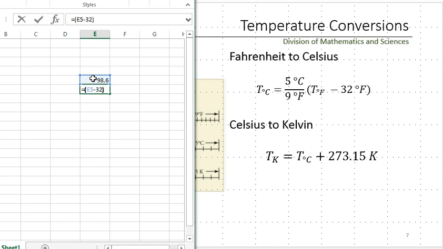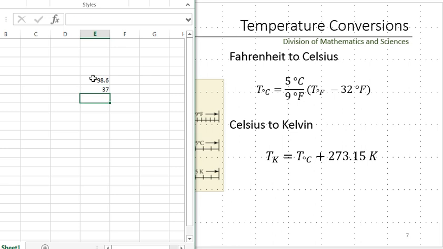Why do we have to do that? Because 0 degrees Celsius, the point at which water freezes, is 32 degrees Fahrenheit. So basically we're subtracting out everything it takes to make 0 be the point at which water freezes. And then you have to take into account that a Celsius degree is bigger than a Fahrenheit degree by a factor of 5/9. So if you look at that, 98.6 ends up being 37 degrees Celsius. All right, so 98.6 degrees Fahrenheit is 37 degrees Celsius.